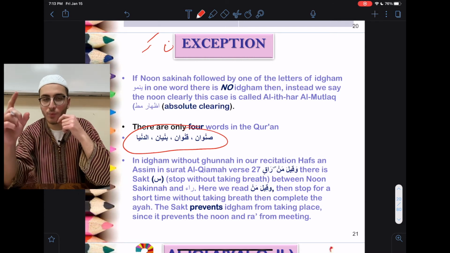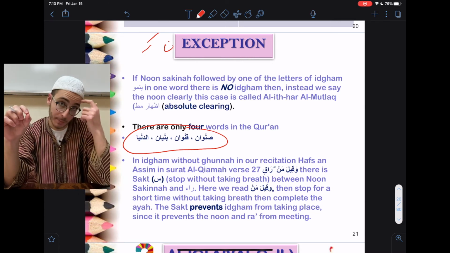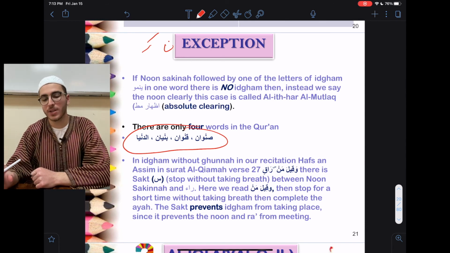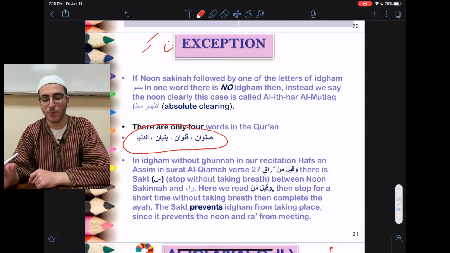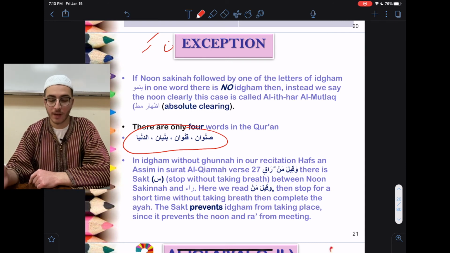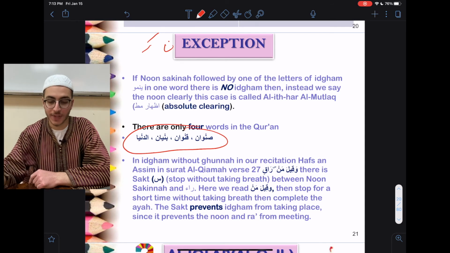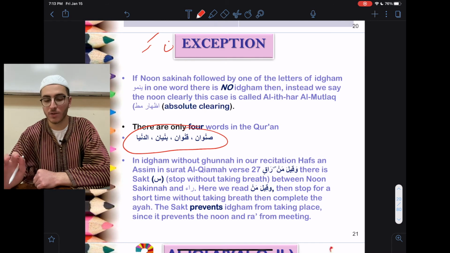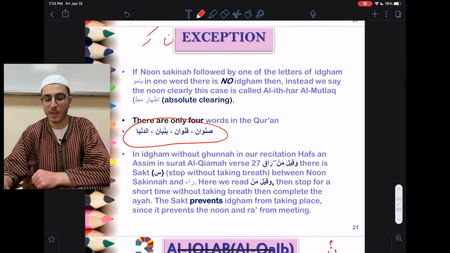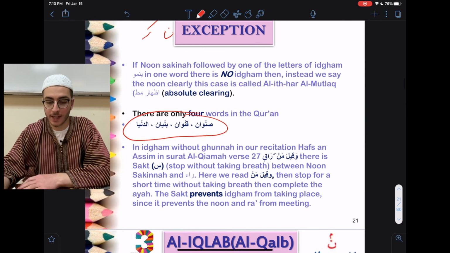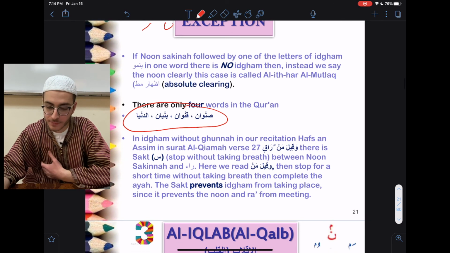So we said that waw and ya are both letters of idgham, but why are we not making idgham? Because it's in one word. So it would be weird if we said sinwan instead of sinwan. So we just say sinwan. So the 4 words are sinwan, qinwan, bunyan, and ad-dunya. Those are the 4 words in the Quran where the noon sakina is followed by a letter of idgham, but we don't make idgham because it's in one word.